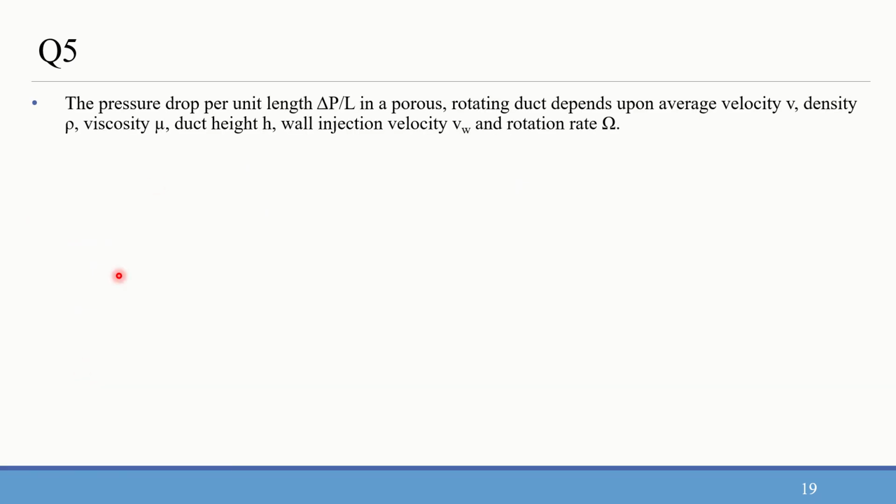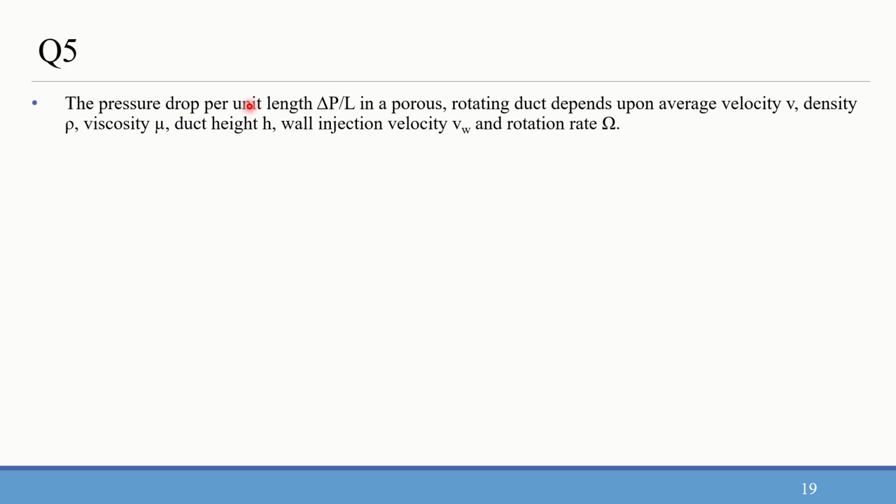Okay, now moving on to the question. The pressure drop per unit length, delta P by L, in a porous rotating duct depends upon average velocity, density, viscosity, duct height, wall injection velocity and rotation rate sigma. I forgot its name, but let us keep it sigma.